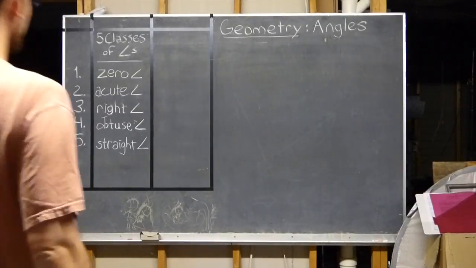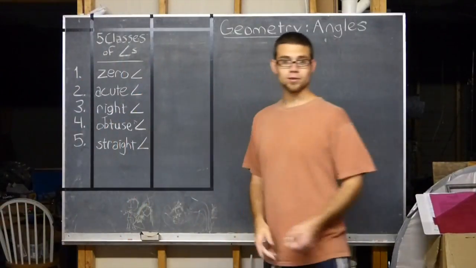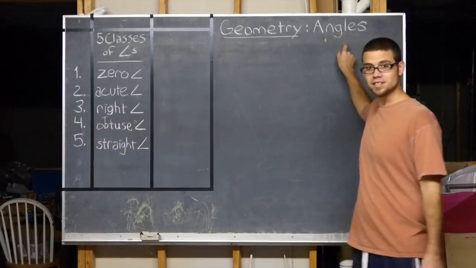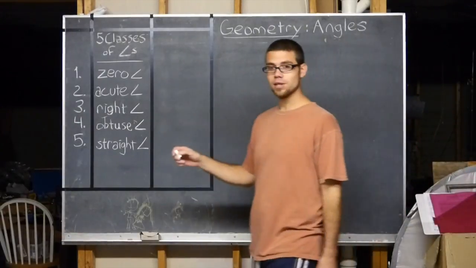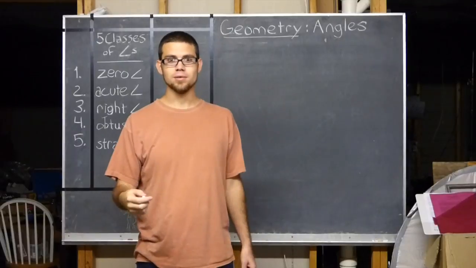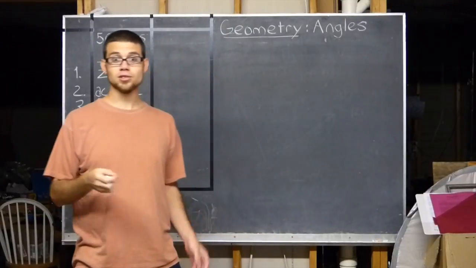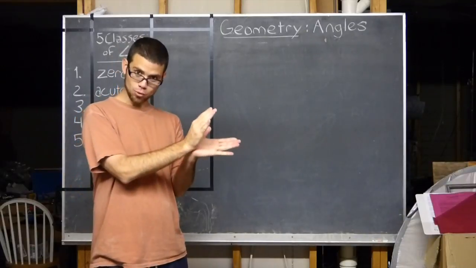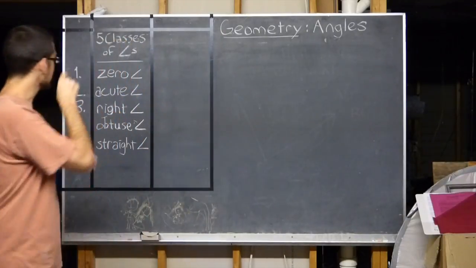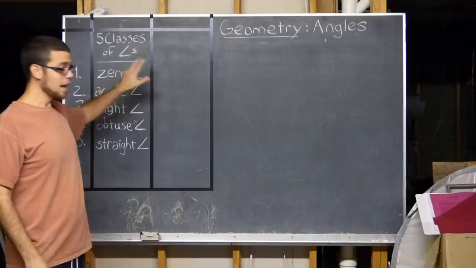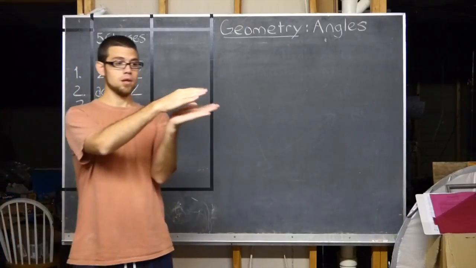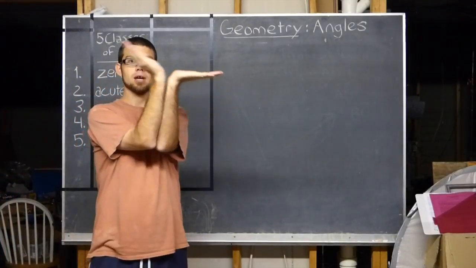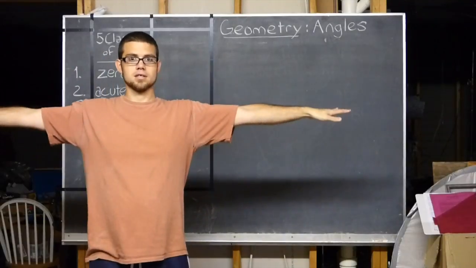Well, welcome back. We're talking about angles in geometry, and to remind you, we just defined angles, the object, as two rays that are connected at a common endpoint, and those angles can be measured from 0 degrees all the way to 180 degrees.